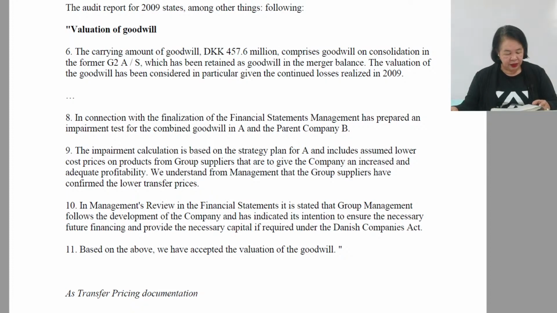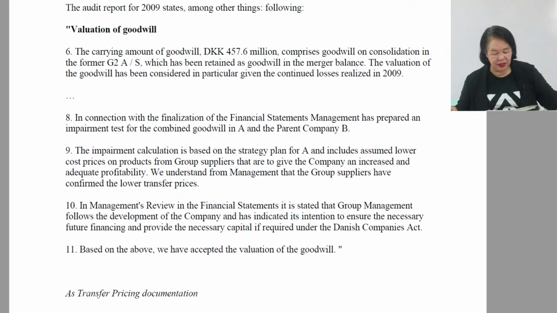Okay. So the impairment calculation is based on the strategy plan for A and includes assumed lower cost prices on products from group suppliers that are to give the company an increased and adequate profitability. So we understand from management that the group suppliers have confirmed the lower transfer prices, no?